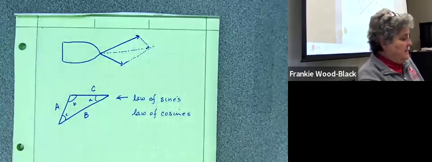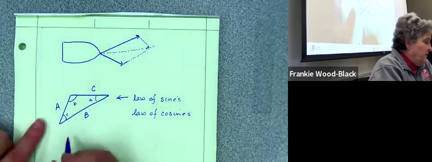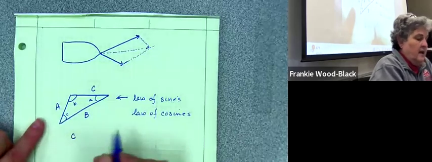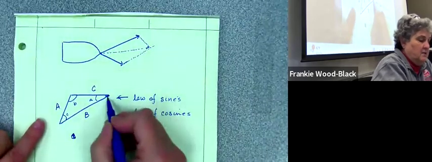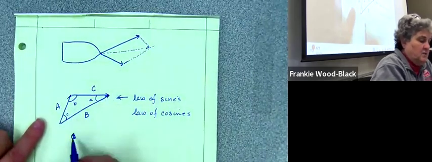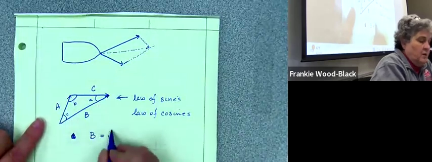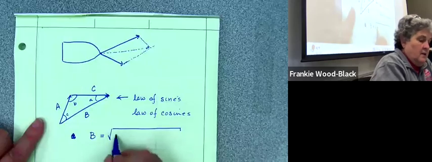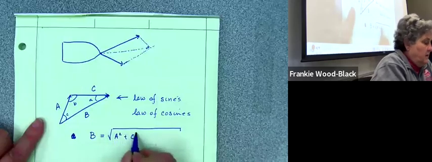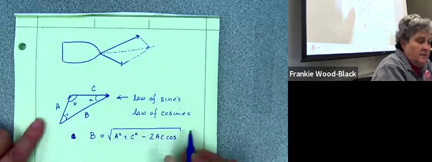One of the things I didn't give you when we did the law of cosines yesterday is if I want to look at the magnitude, in this case, it's going to be the magnitude of B, because these are my two A vectors. So it's going to be the magnitude of B. B is going to equal the square root of A squared plus C squared minus 2AC cosine of my little c.